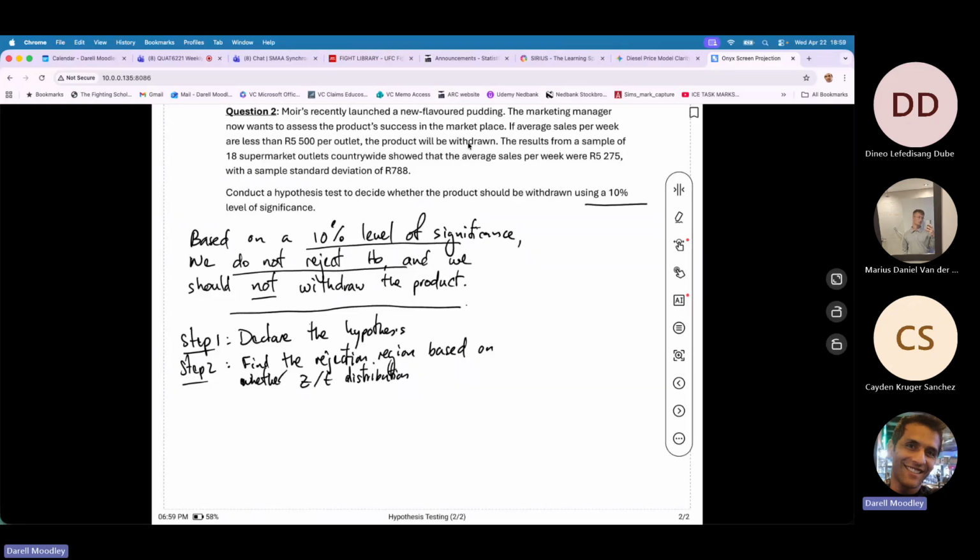Remember I showed you how to determine whether it's a T distribution. If they don't say normal distribution and your sample size is under 30, then use the T distribution. Otherwise, use the normal distribution, in other words, the Z table. Step 3, calculate your test stat.